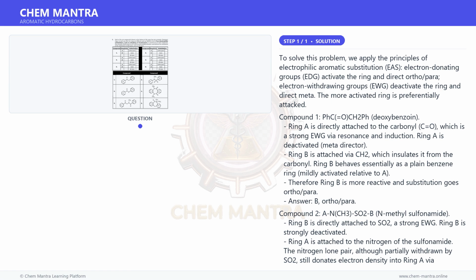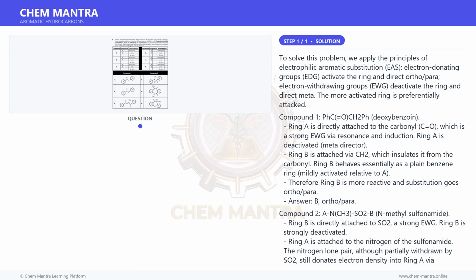Oxygen donates electrons into ring B via resonance, its lone pair going into the ring, activating ring B as an EDG, an ortho-para director. Despite the partial withdrawal by the carbonyl, the net effect on ring B through oxygen is activation relative to ring A. Therefore, ring B is preferentially attacked, ortho-para.